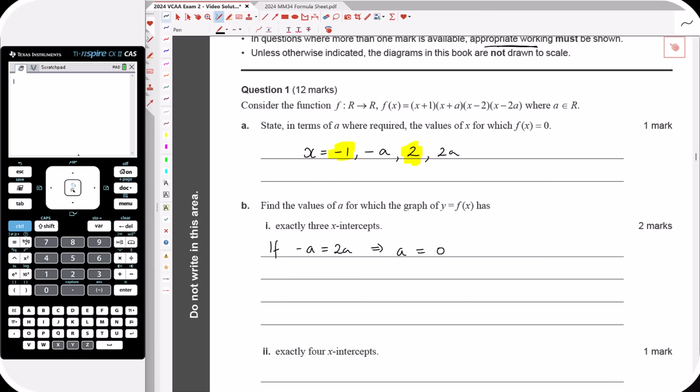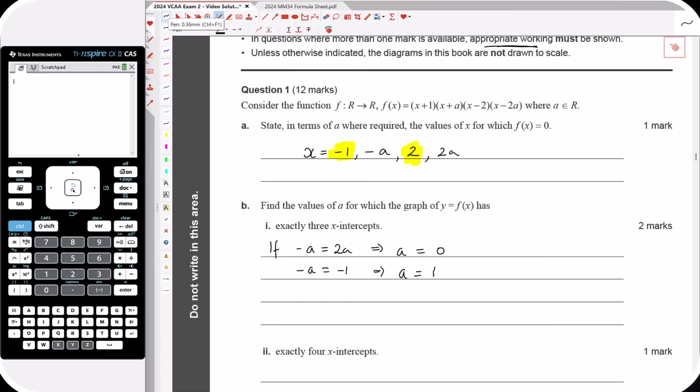We also could think about if that unknown intercept at -a is equal to -1, so that would mean a equals 1. But actually, if we think about a equals 1, then our intercepts would be -1, -1, 2, and 2. So actually, we only have 2 intercepts, not 3, when a equals 1. So that one's actually not going to work.